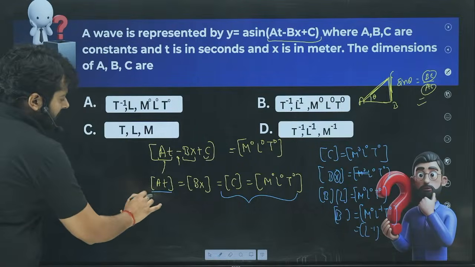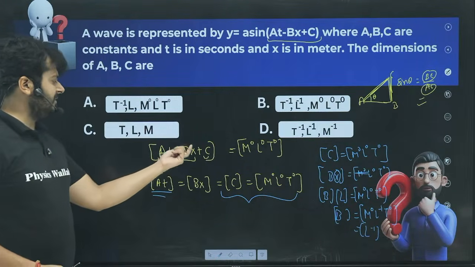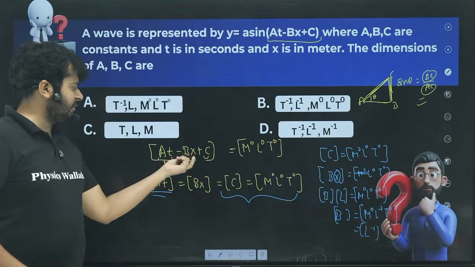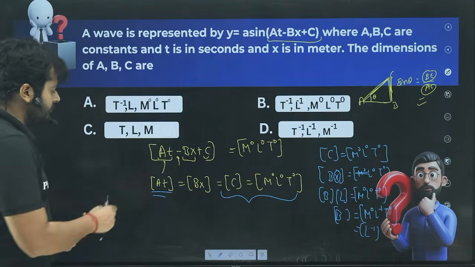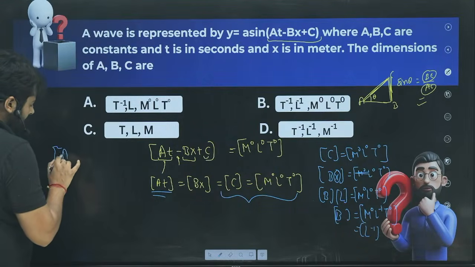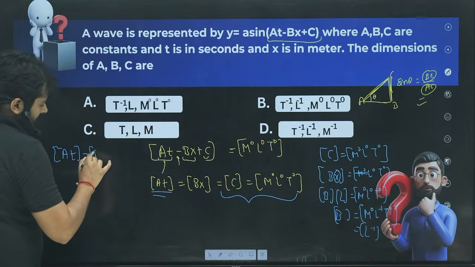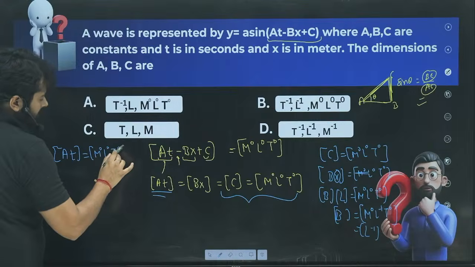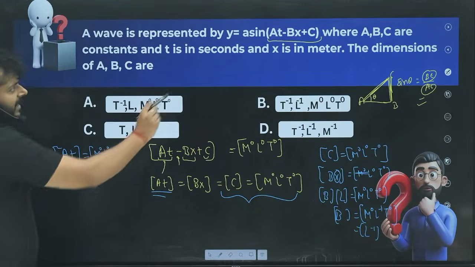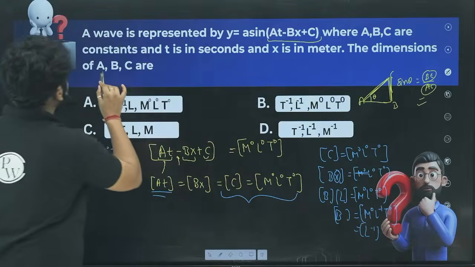Now the dimension of AT, as I said, this whole thing is dimensionless. So all the parts which are added are also dimensionless. So the dimension of AT is the same as this. The dimension of AT is simply M0, L0, T0. Dimension of A into dimension of T, which is time, right?